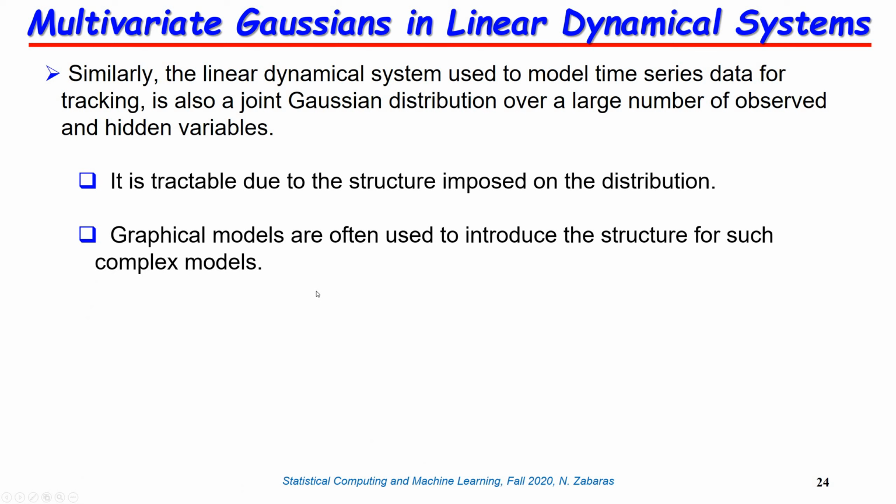Even in dynamical systems, right? If you have the evolution of some states in time with some unobserved latent variables, you can write the combined distribution of observable and non-observed variables as a multivariate Gaussian.